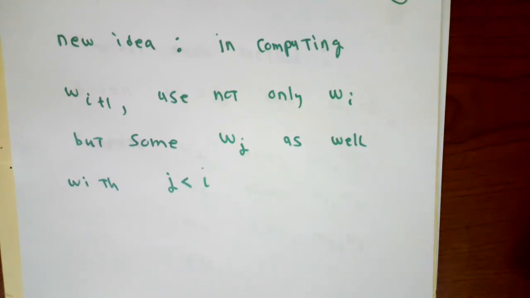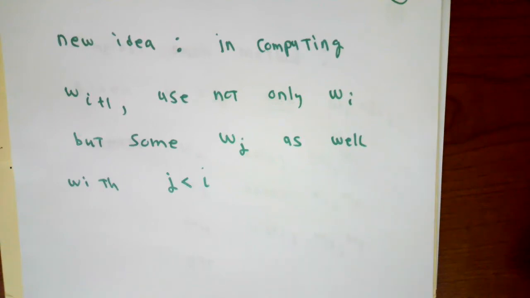Another idea, a completely different one, is if I'm computing w number 7, I'll obviously need to include some information from w number 6, but why not pull in some information from w5 or 4 or 3?